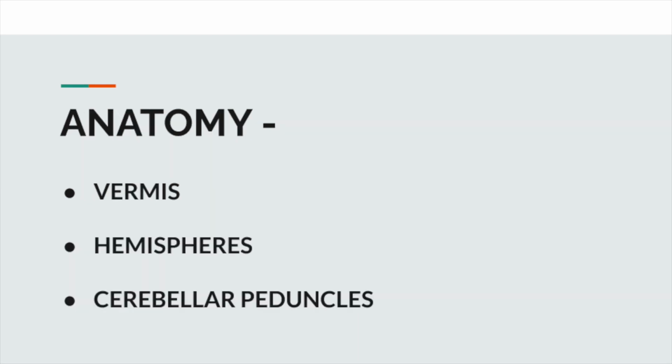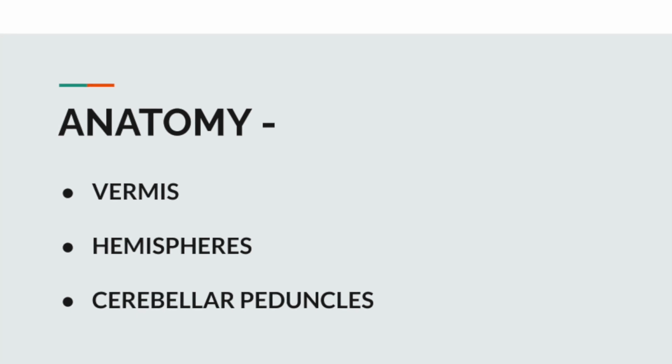Anatomy of the cerebellum. The cerebellum comprises a highly organized structure with a distinctive foliated appearance consisting of lobules and fissures. It can be divided into three major regions. First is vermis. This is the midline portion of the cerebellum comprising the vermal lobules which extend longitudinally along the middle line.